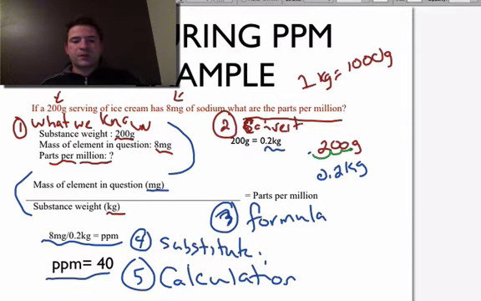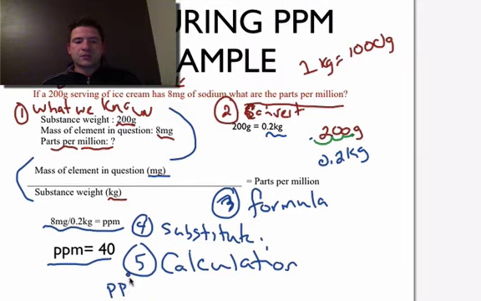Now, if I wanted to determine the parts per billion, remember, 1 part per billion is equal to 1,000 parts per million. So if I have 40 parts per million, I'm going to divide by 1,000 again.